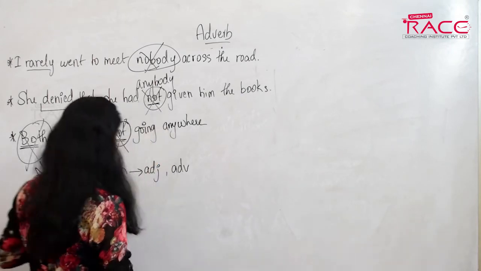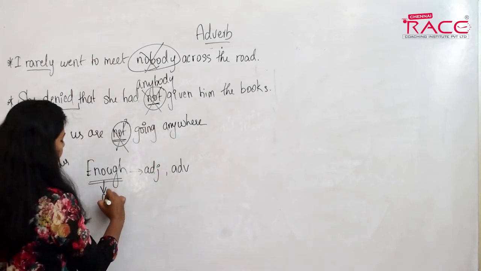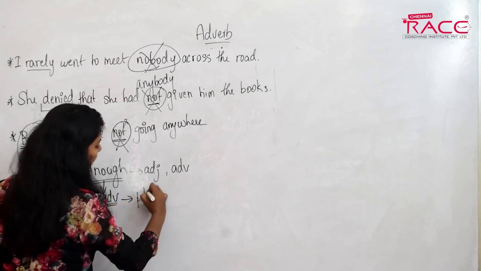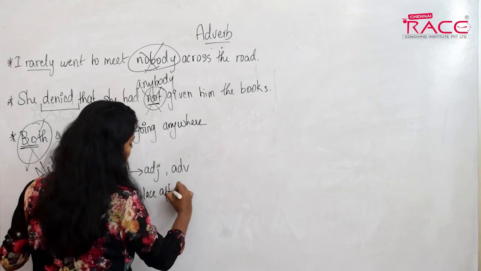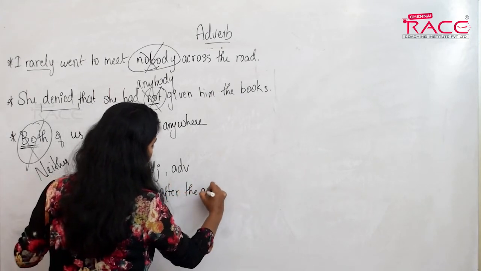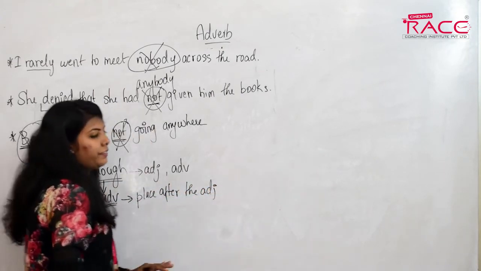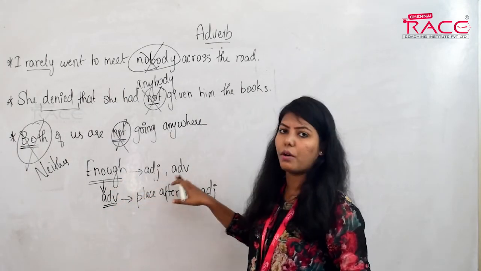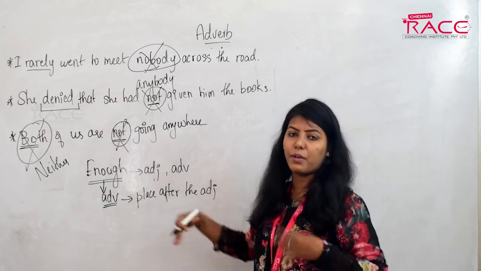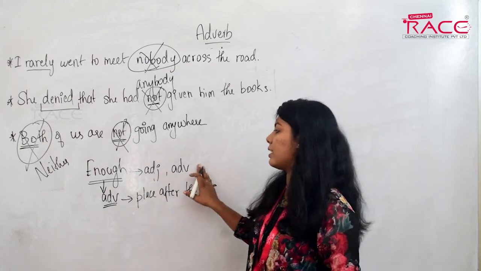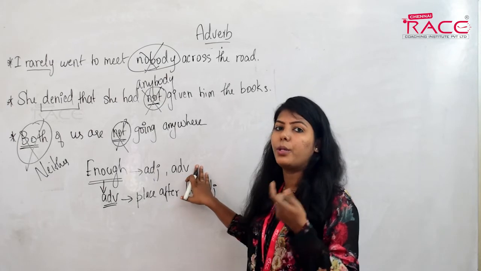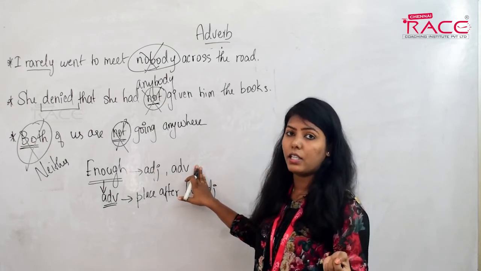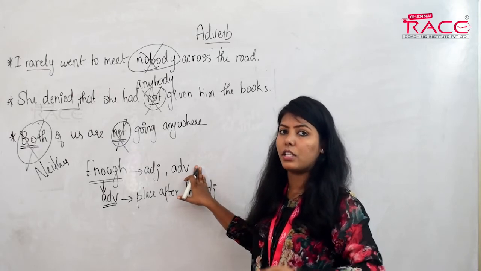When enough is used as an adverb, it must be placed after the adjective it defines. Remember, enough can be an adjective, also an adverb. But when you use enough as an adverb, it must have an adjective before it, which it is about to define.